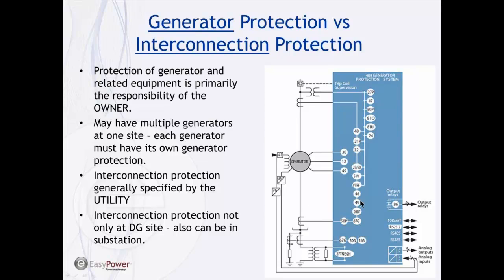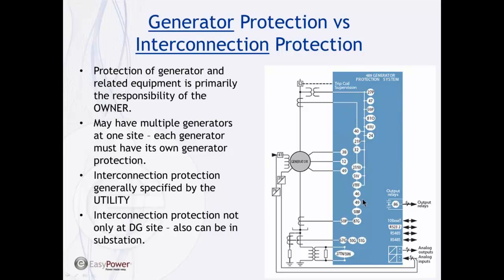All right, so just wanted to touch briefly on the distinction between generator protection and interconnection protection. There is some overlap, and if I only have one generator, then essentially it all can kind of meld together. But when I have multiple generators with a common connection to the grid, I'm going to have individual generator protection, plus I'm going to have some type of interconnection protection. So those are typically going to be different relays.